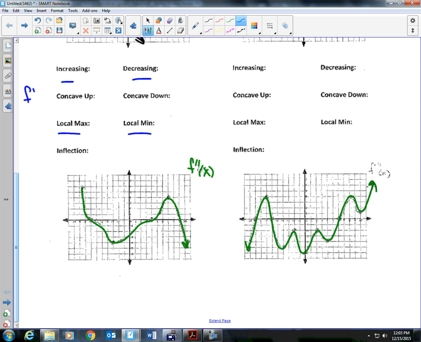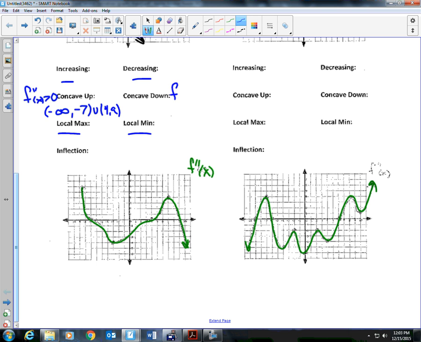Concavity happens where f double prime of x is greater than 0. If I am looking at f double prime, where is f double prime greater than 0? Above the x-axis, and that's from negative infinity to negative 7, union with 4 to 9.